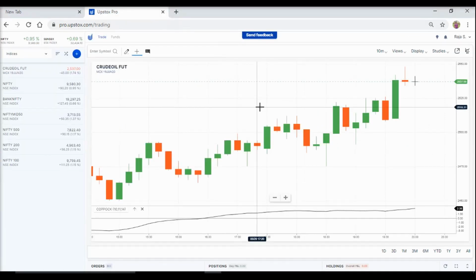Now we can see how to apply this strategy for the stock market for the long term. I am considering one of the good stocks which is traded in Nifty 50 or BSE Sensex, something like that. I can take HDFC Bank.